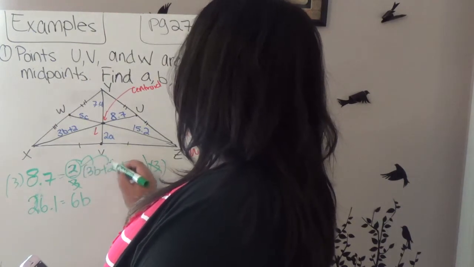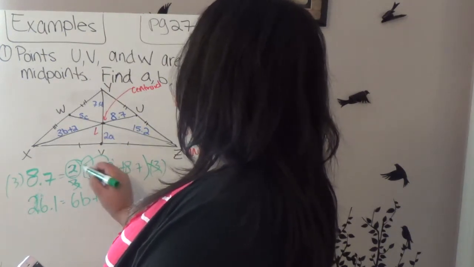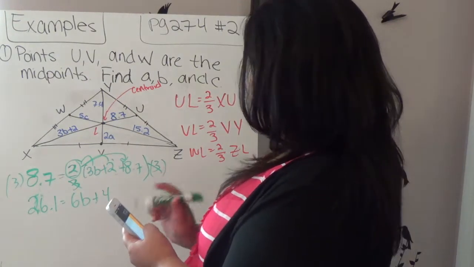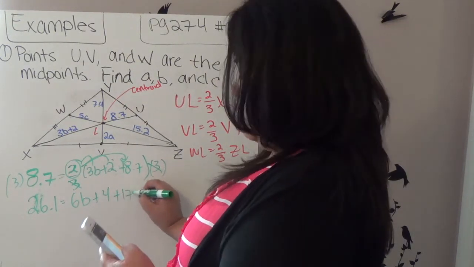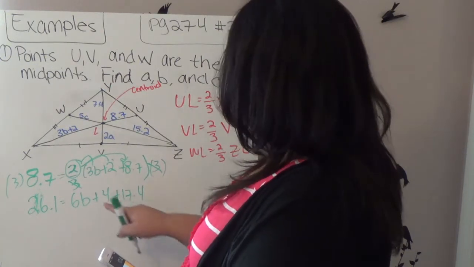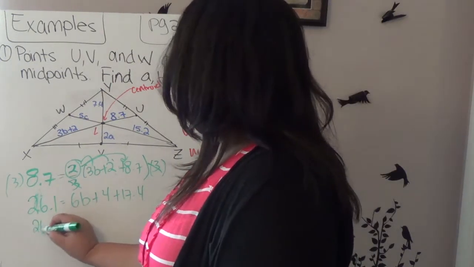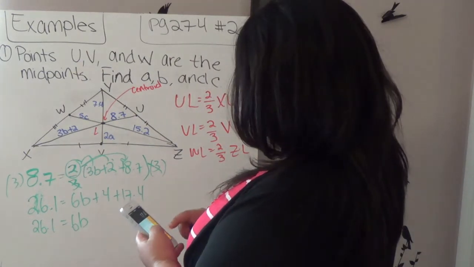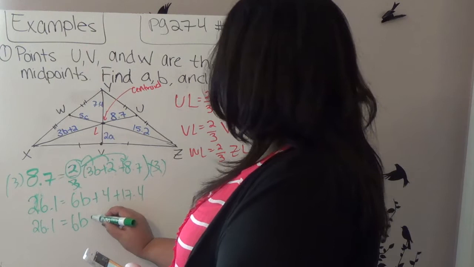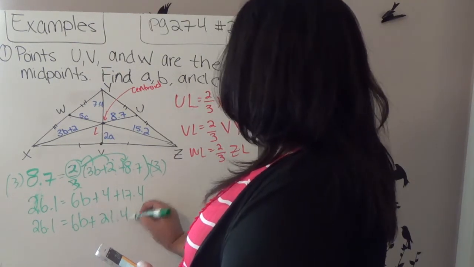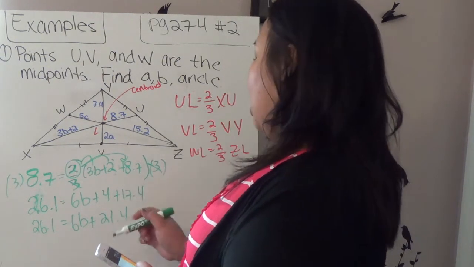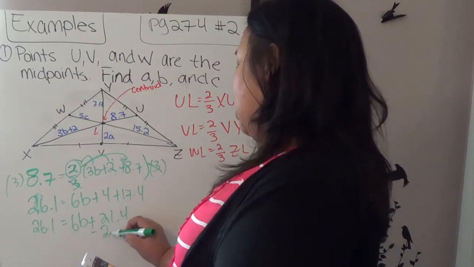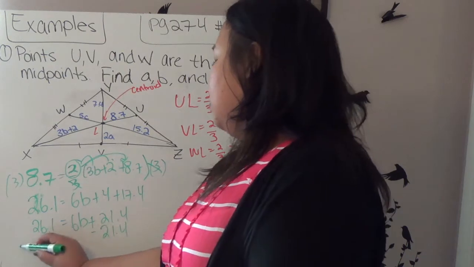6b plus 4 plus 8.7 times 2 is 17.4. Okay, now I can add these together. 21.4. I'm going to go ahead and subtract both sides by 21.4.